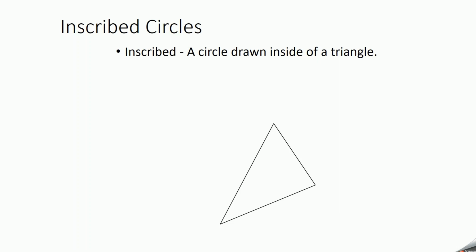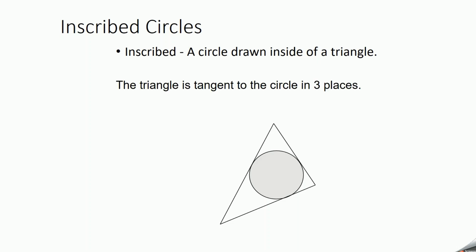The second part of this section deals with inscribed circles. An inscribed circle is a circle that's drawn inside of the triangle, like the one you see on the screen. Since the circle is only touching the triangle in 3 spots, those 3 spots are tangent to the circle. 1, 2, 3.